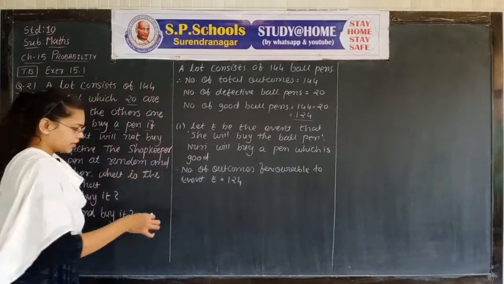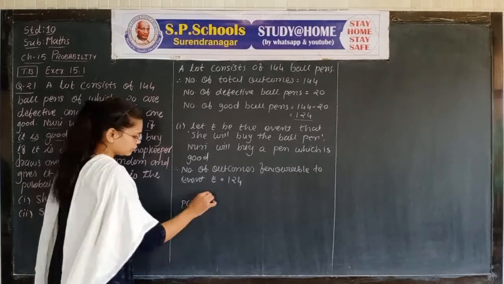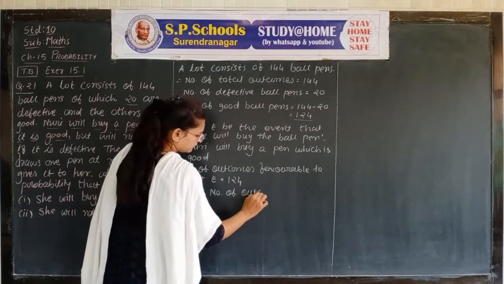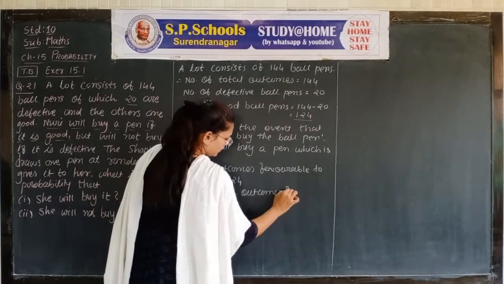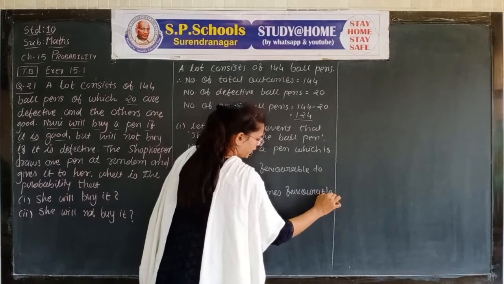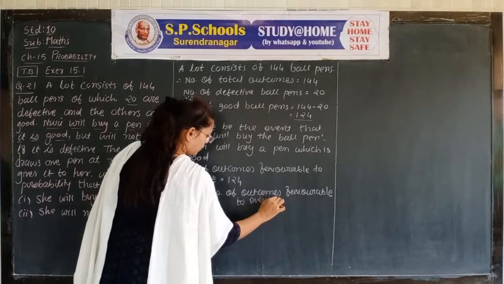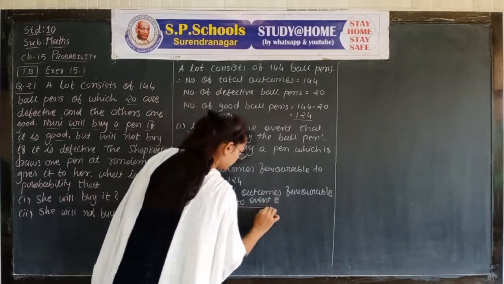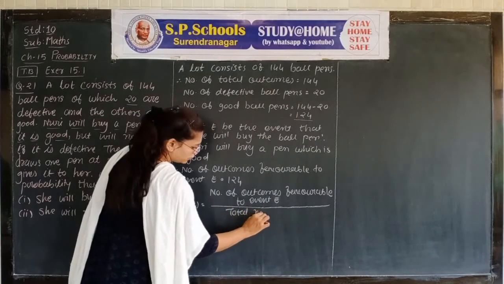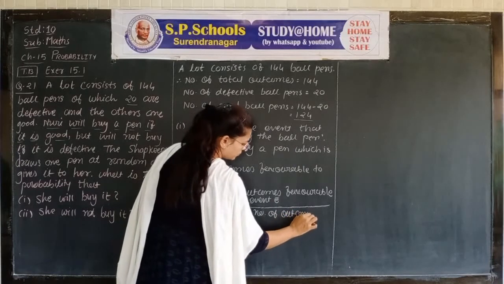E is an event, then its probability is denoted by P of E, which is equal to the formula: number of outcomes favorable to event E upon total number of outcomes.